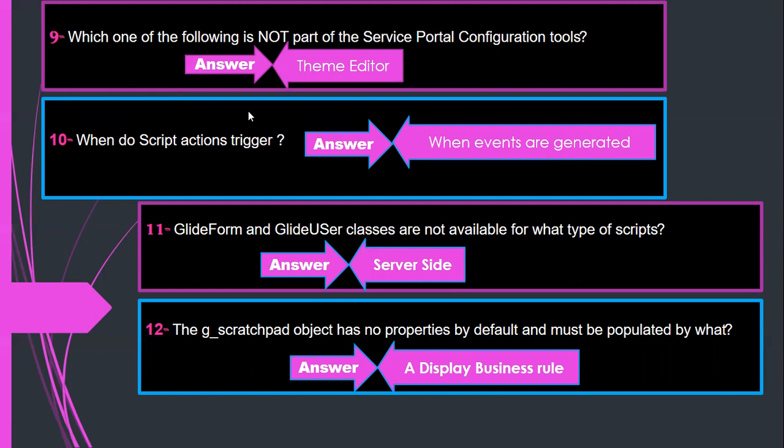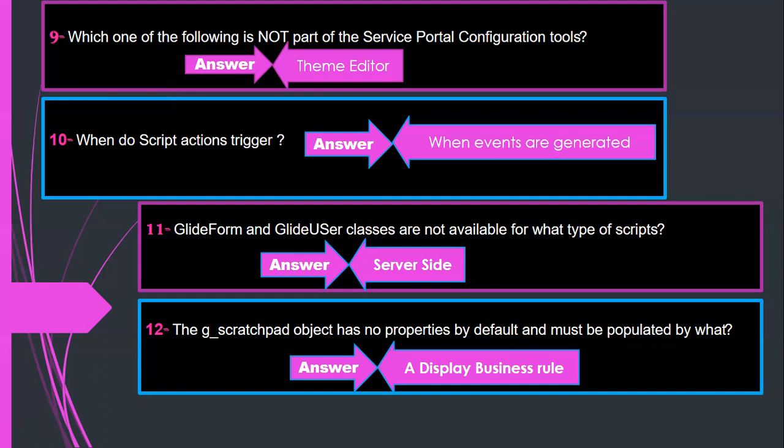Moving towards question number 11. Glide form and glide user classes are not available for what type of script? Glide form and glide user. It's pretty simple and straightforward, and you can guess it. It's server side, correct? Because these two are used for the client side.